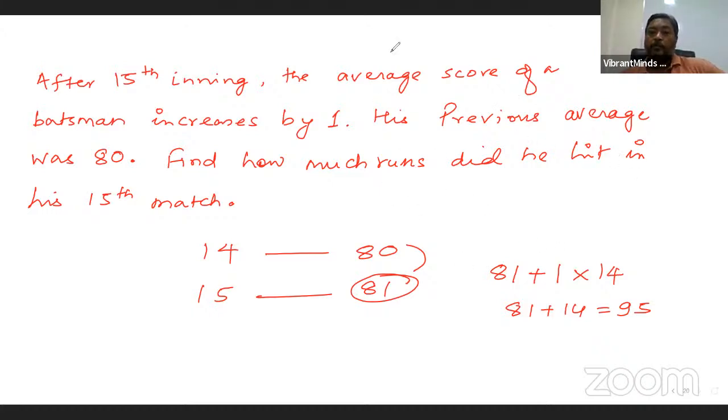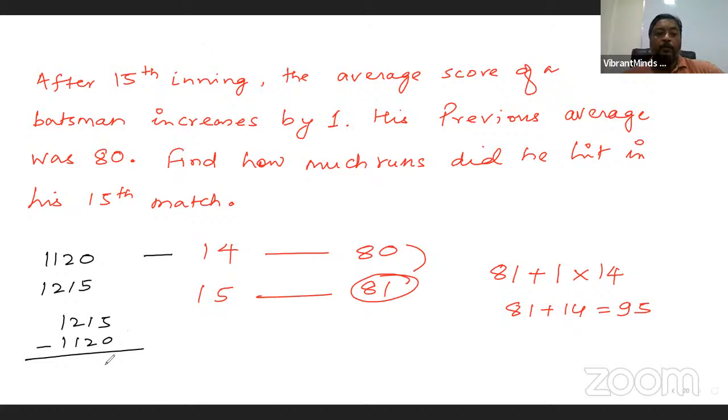This is one of the easier methods to solve. Now suppose somebody never remembers it. What will they do? 80 into 14 is 1120, and 15 into 81 is 1215. Subtract 1120 from 1215, and this will give you 95.